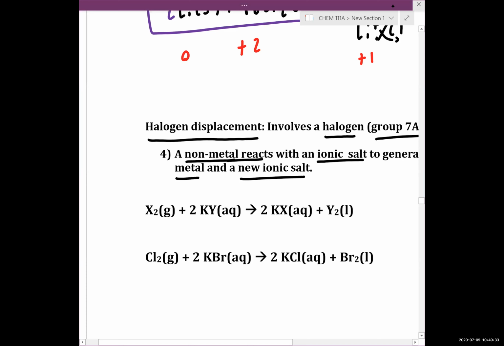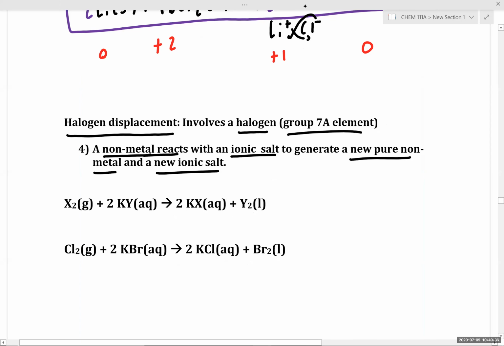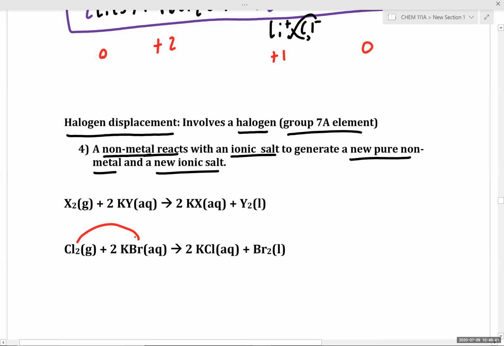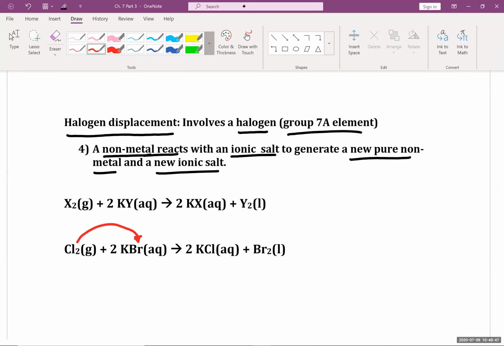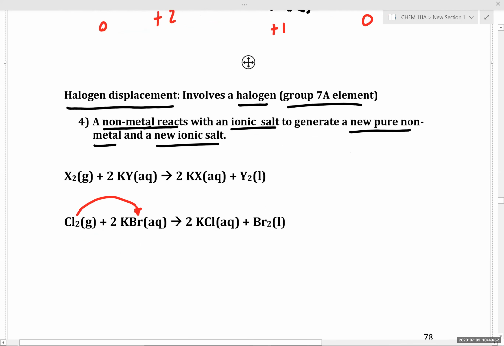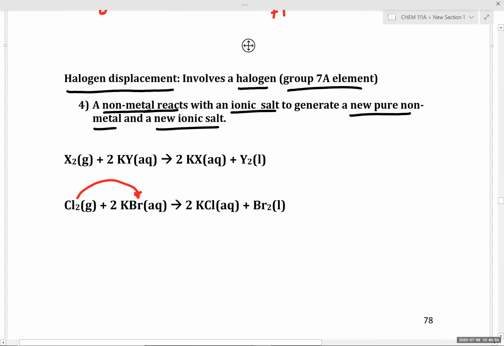For example, chlorine can displace bromine from potassium bromide to generate a new salt, potassium chloride, and a pure element of bromine. So another example of a halogen displacement, if you have chlorine gas and you're reacting it with, for example, potassium iodide, what product would we expect from this reaction?